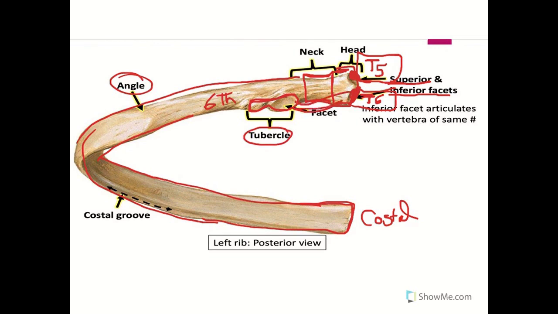So if we draw just a simple diagram like this, this is the transverse process of T6. So T6 articulates with the facet on the side of the tubercle of rib number 6, and this will be more clearly shown in the next slide.